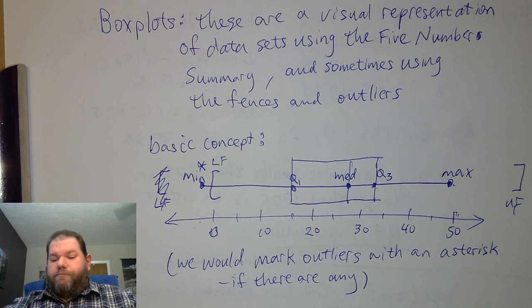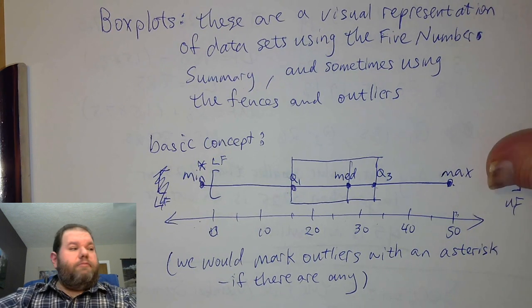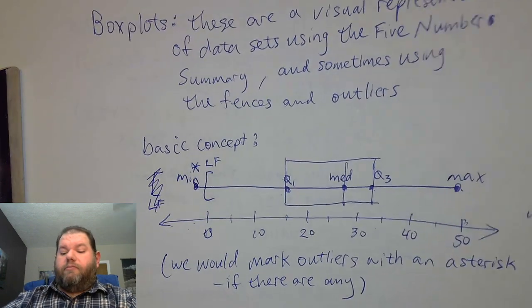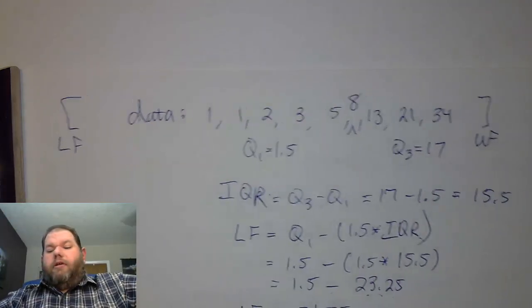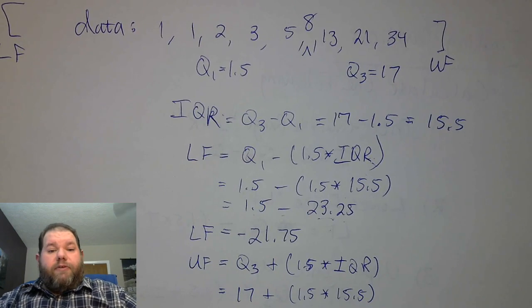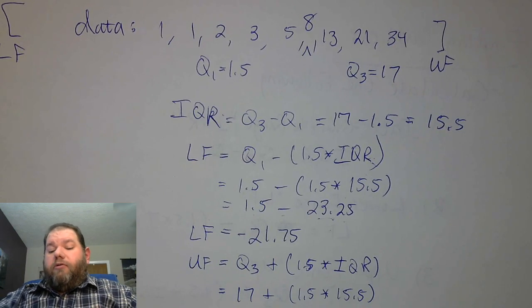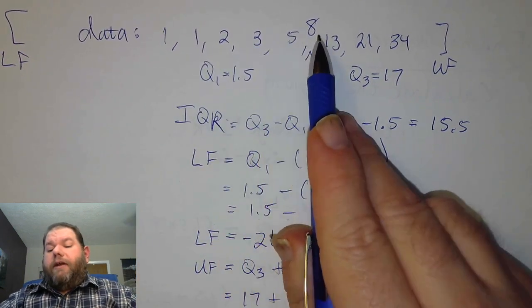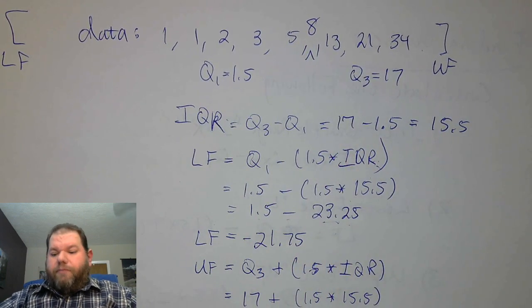Anyway. Let's go back to our data that we've already worked with. And so again, this is our first set of data that we worked with in section 4: 1, 1, 2, 3, 5, 8, 13, 21, 34.